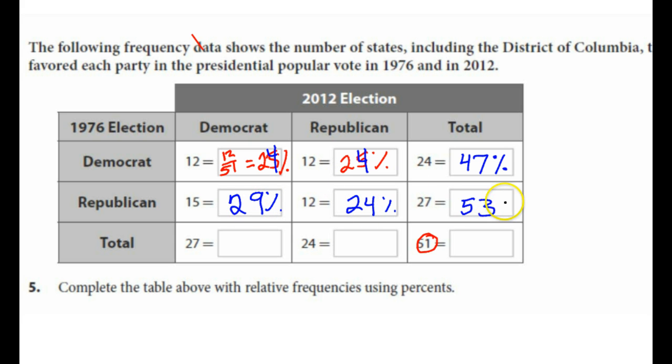So that's pretty good. Okay. What's 47 plus 53? Yeah, that's good. For doing percents, you really want this to add up to 100%.